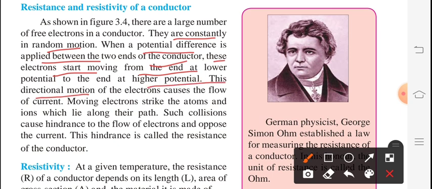This direction of motion of electrons causes the flow of current. Moving electrons strike the atoms and ions which lie along their path. Such collisions cause hindrance to the flow of electrons and oppose the current. This hindrance is called resistance of the conductor.